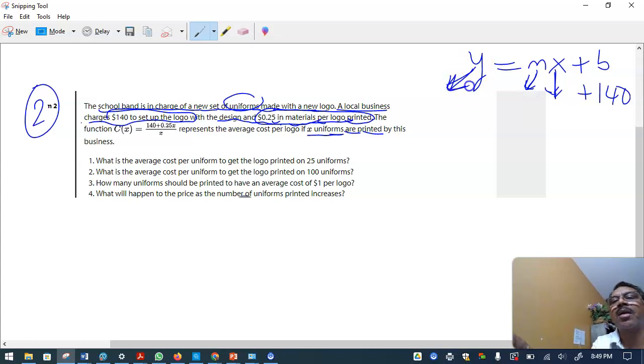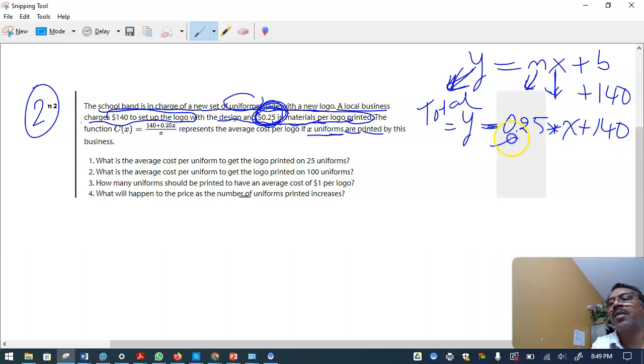So this Y will be representing the total cost. The total cost will be, because each logo's material is 0.25, that's the rate of change, or the slope, multiplied by the number of uniforms. So this is the total, but they asked for the average cost per logo.